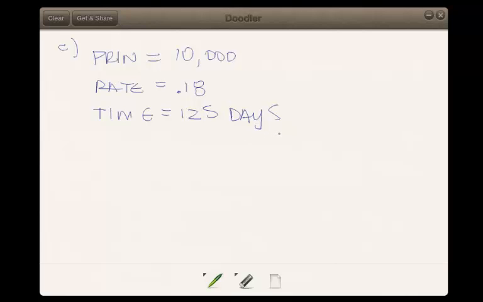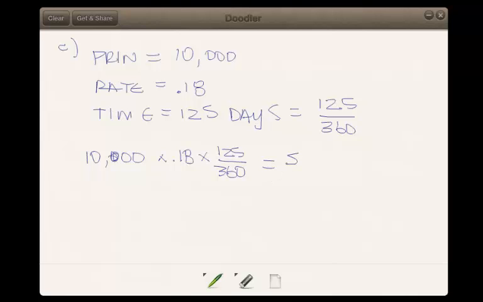It's conventional to use 360 days as a standard, so we get consistent results with our calculations. So we have 125 over 360. So interest is 10,000 times 0.18 times 125 over 360. If you plug that into your calculator, you should get $625.